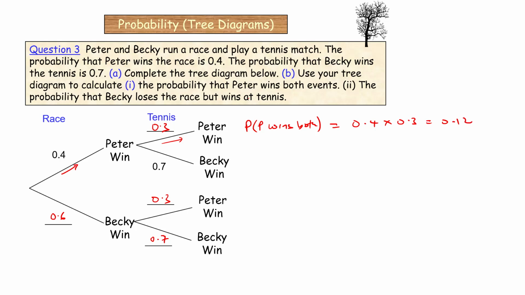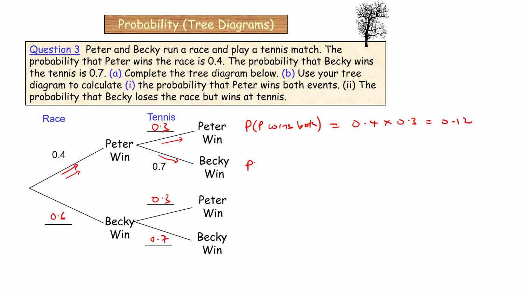And then we have in II, probability that Becky loses the race but wins the tennis. So she loses the race, that's going to be 0.4 there, and then goes on to win the tennis game, which is down here.